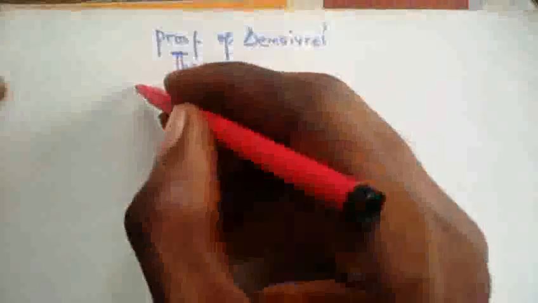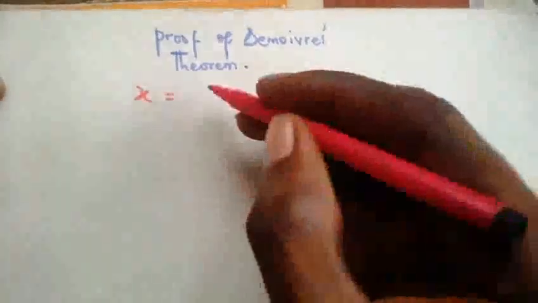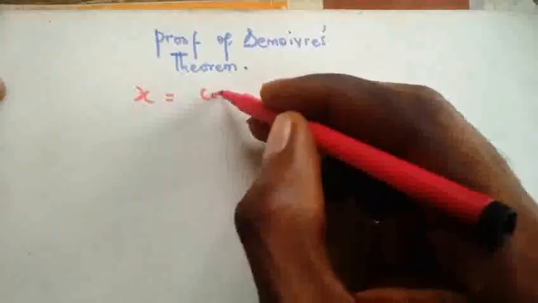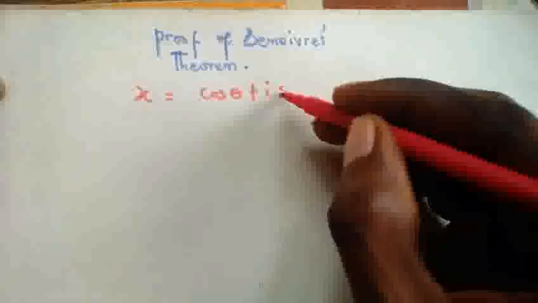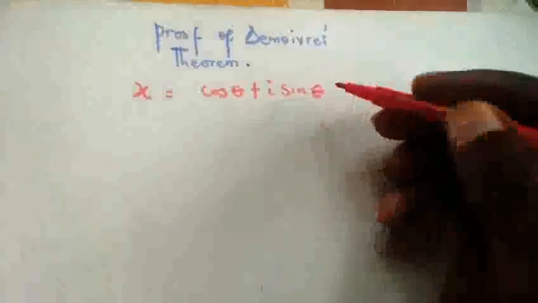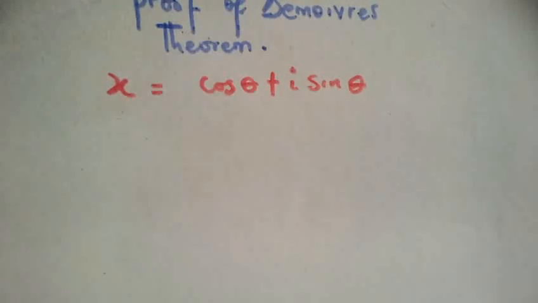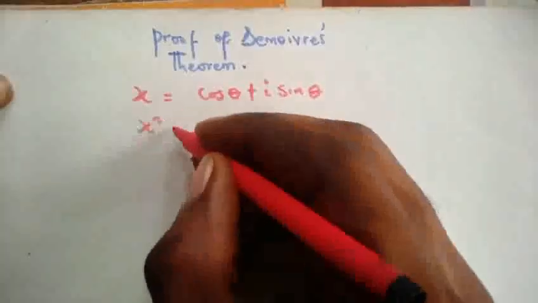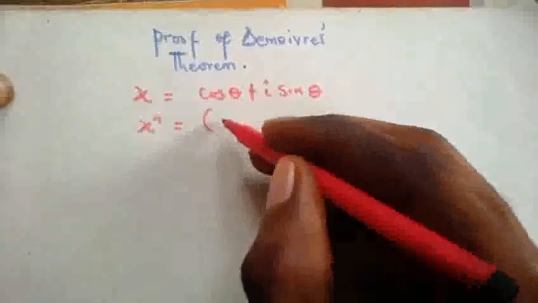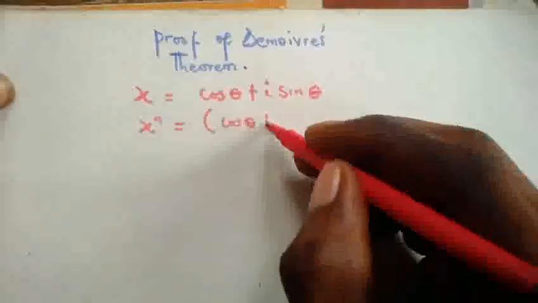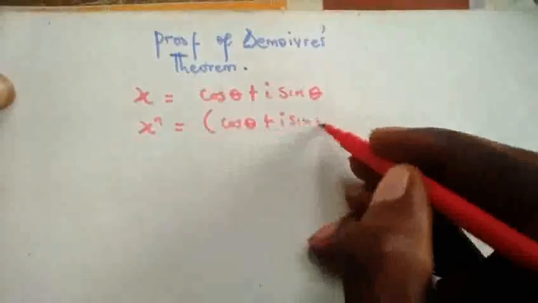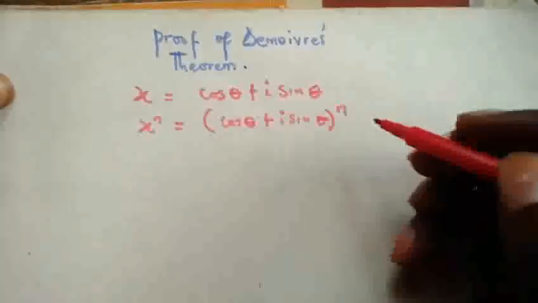If x is equal to cos theta plus i sine theta, then x raised to n is the same as (cos theta plus i sine theta) raised to n.